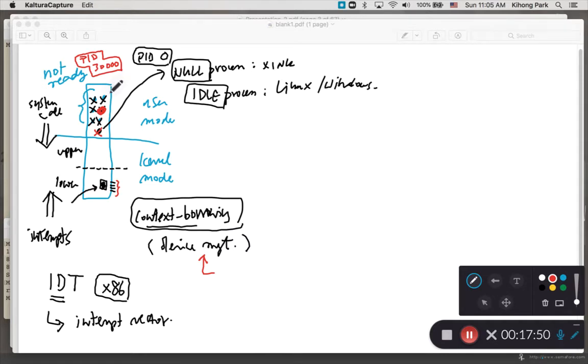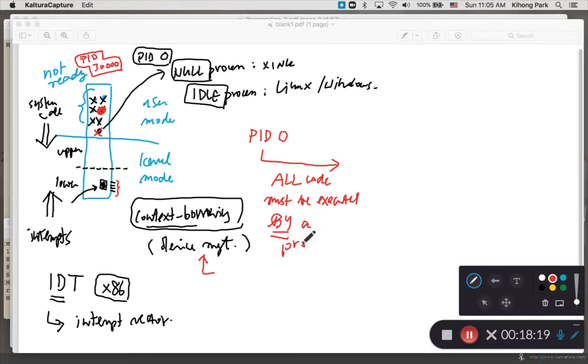So, to make sure that subsequent to boot loading and our kernel setup, where we create this first process with PID 0, all code must be executed by someone, by a process.